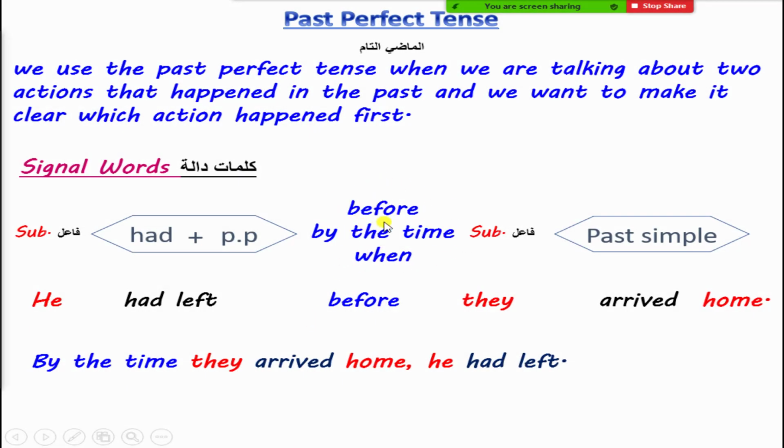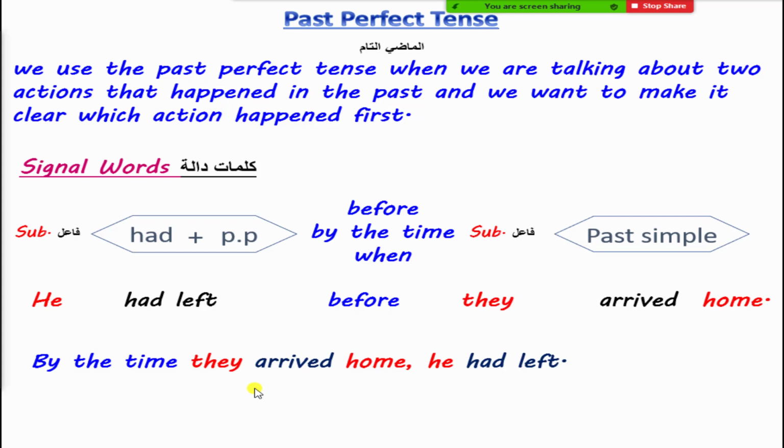Conjunctions may come in the middle or at the beginning. We can say by the time they arrived, the past simple here, after the conjunction. By the time they arrived home, he had left. We put the past perfect at the end and the conjunction and past simple at the beginning. Is it clear?